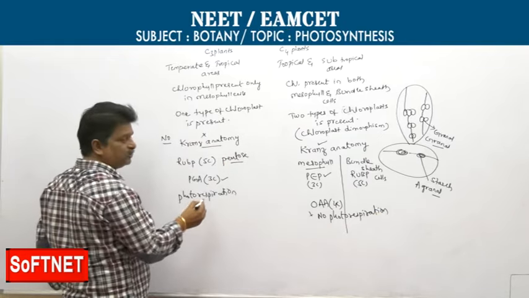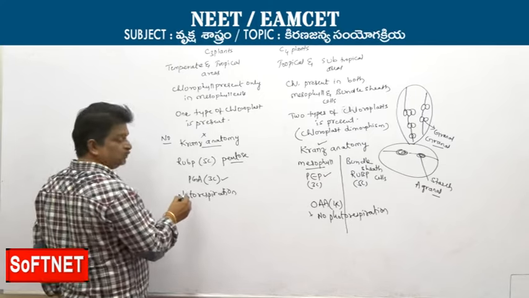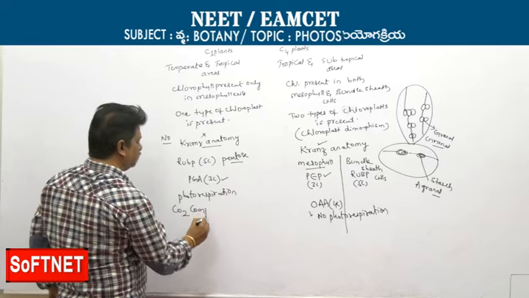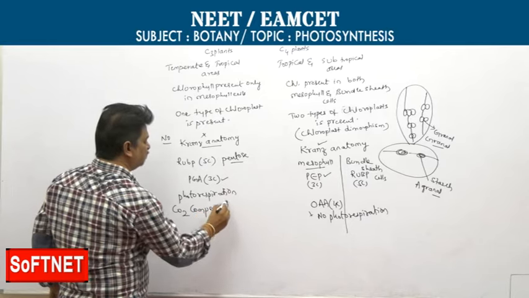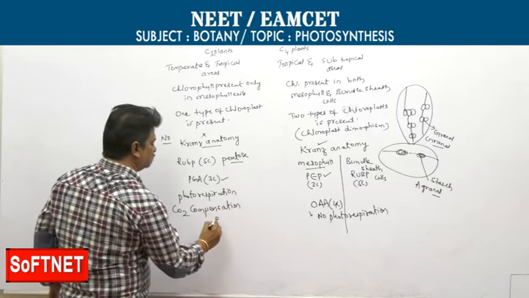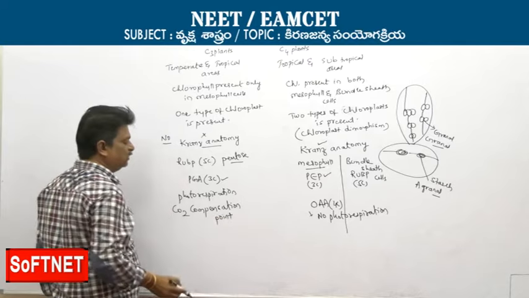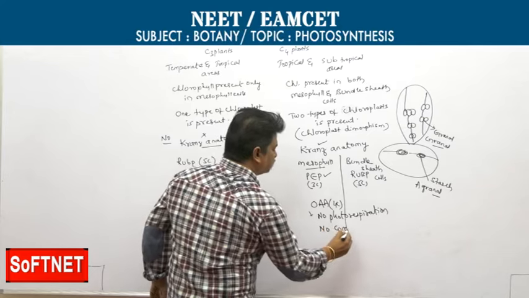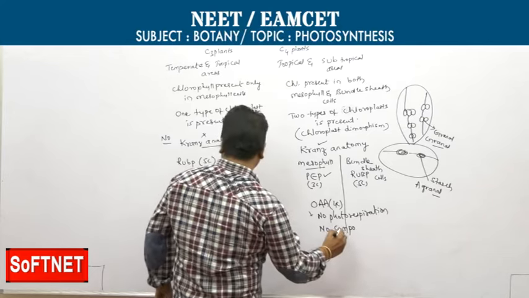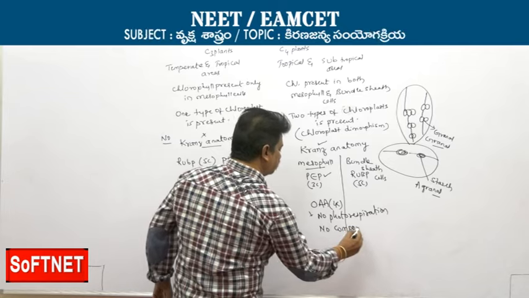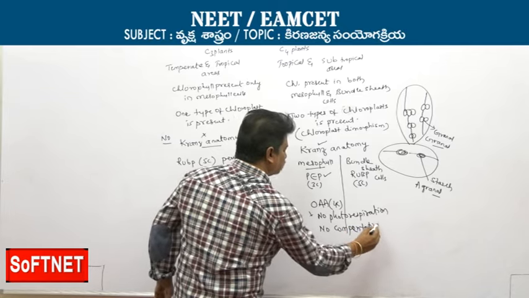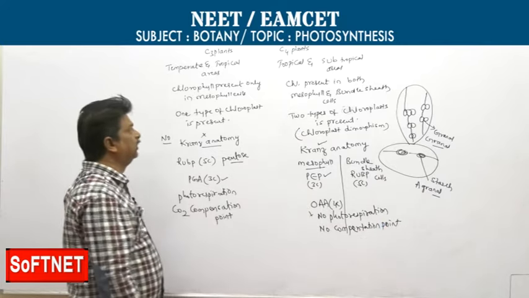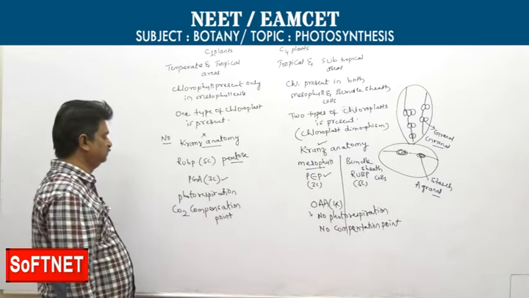Then C3 plants, they show carbon dioxide compensation point. C4 plants, negligible or almost absent carbon dioxide compensation point. No carbon dioxide compensation point in C4 plants.